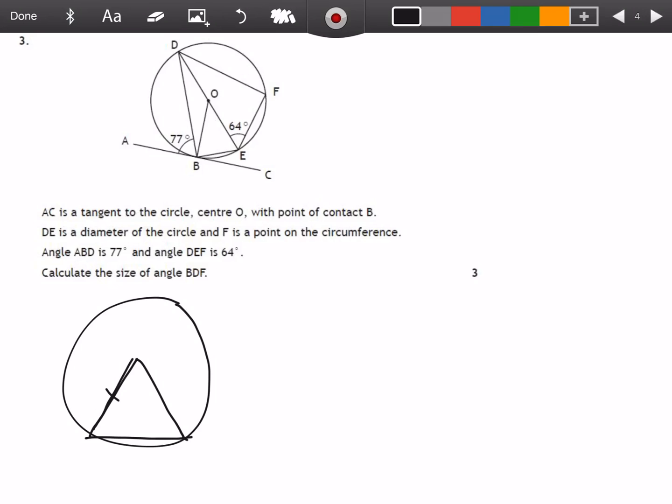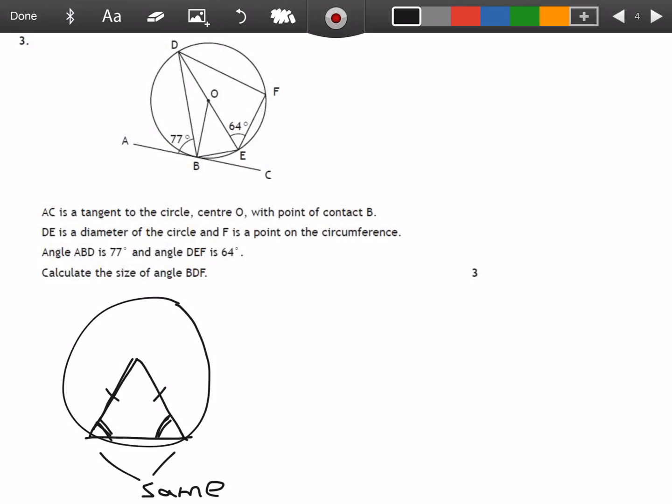If that's the radius and that's the radius, they're both the same length because they're the radius, then what that creates is an isosceles triangle, and it means these 2 angles at the bottom are the same. Okay, so that's angle fact number 1.